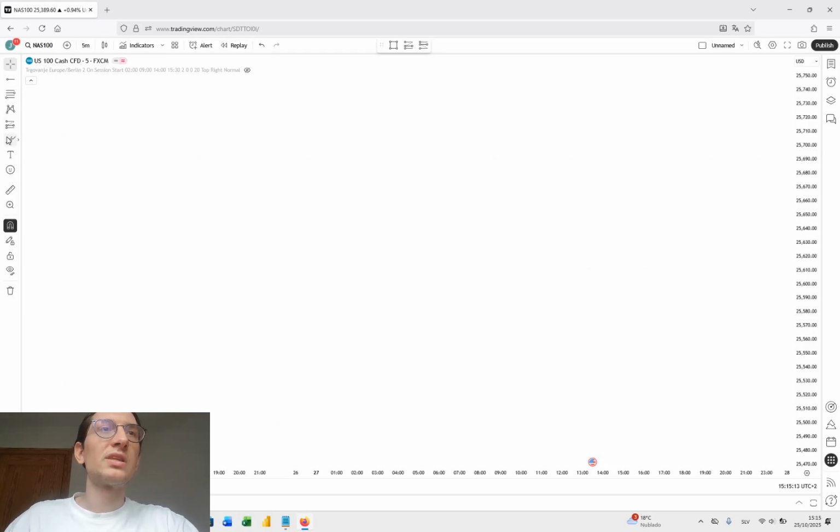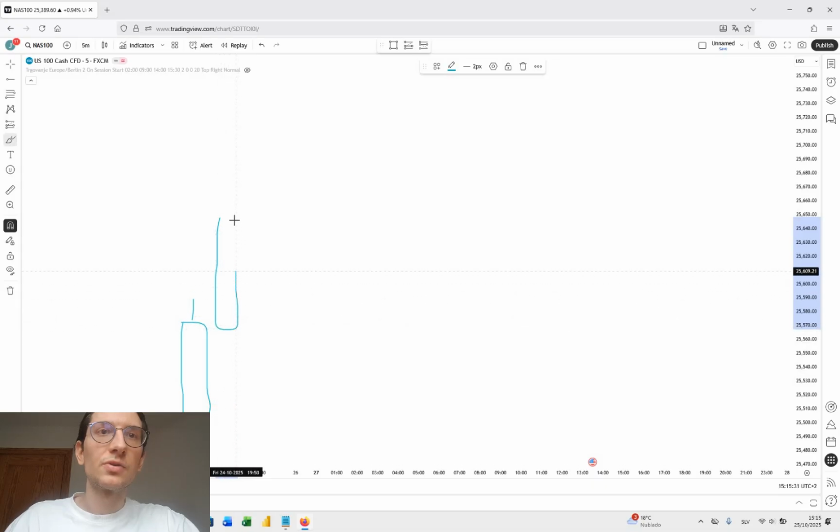So let me show you what a fair value gap is. We are going to create three candles. Let's say this is one candle with a wick and a body. Then we have another candle like this, for example, again with a wick, and then the third candle, let's say like this, with a wick.